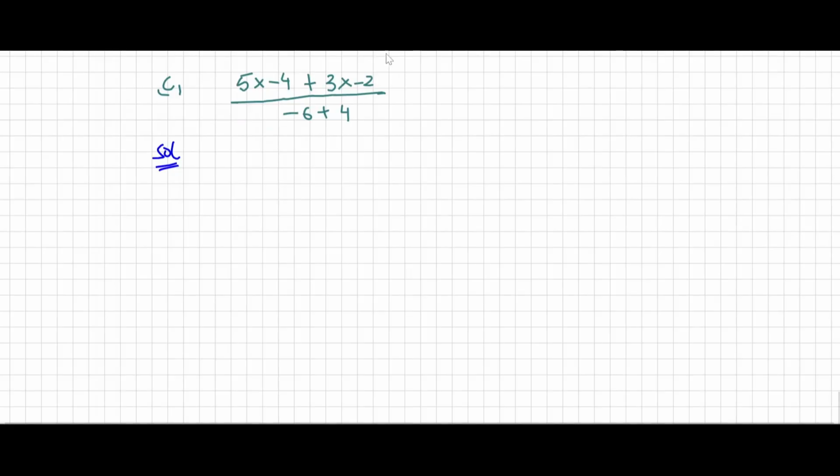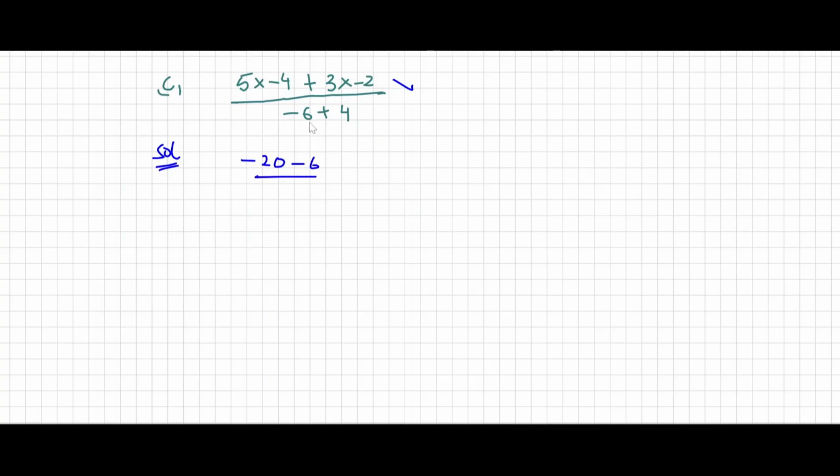Because of the fraction line, you can deal with the numerator and the denominator separately. Let's deal with the numerator first. 5 is positive and -4 is negative, so we will get a negative number. 3 is a positive number and -2 is negative, so we will get a negative number.